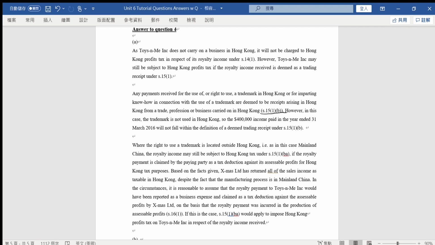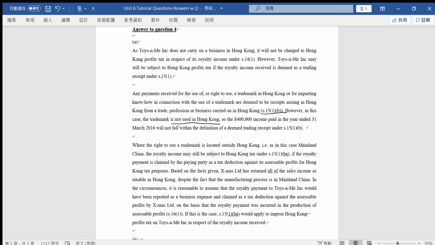And that focuses on what? It focuses on royalty income being treated as a deemed trading receipt of a foreign company. But you will find that this section mentions the patent or trademark being used in Hong Kong.